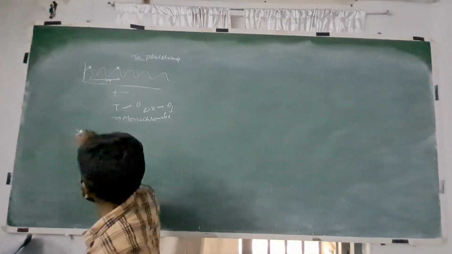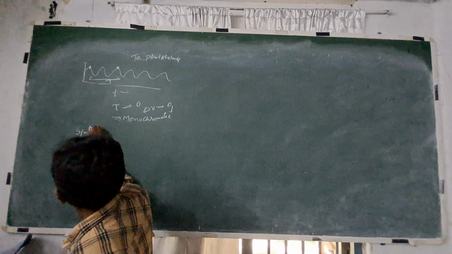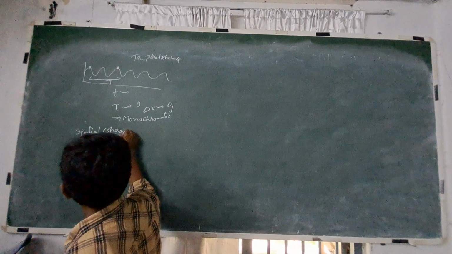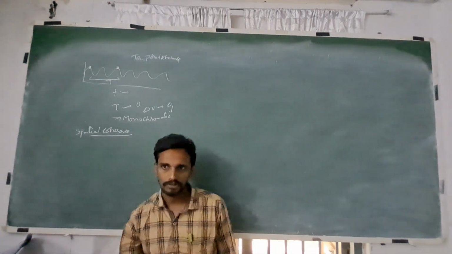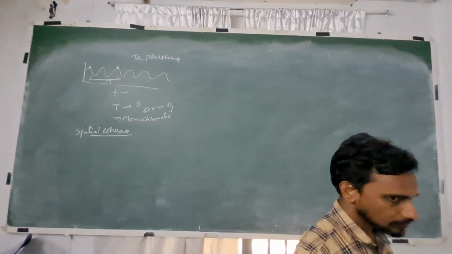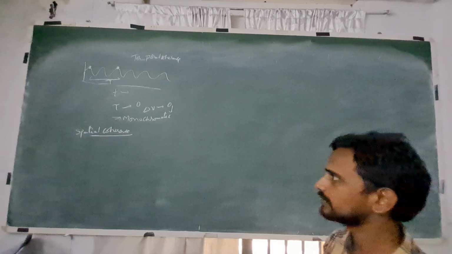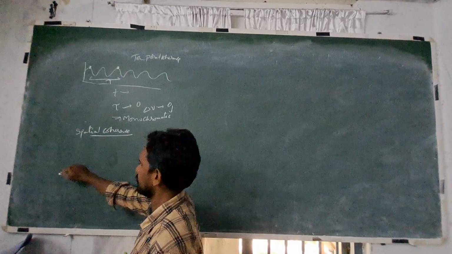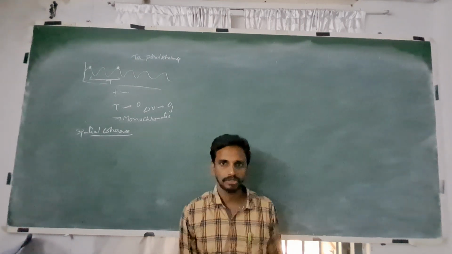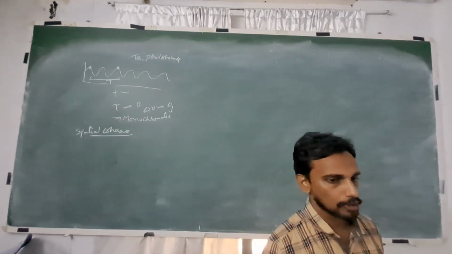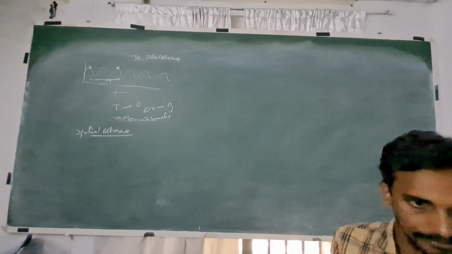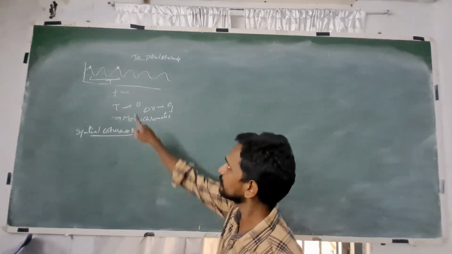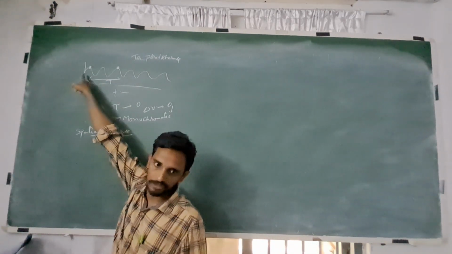So next one is spatial coherence. Spatial coherence deals with phase difference between 2 points on 2 wavetrains. So here we consider 2 points on a single wavetrain.